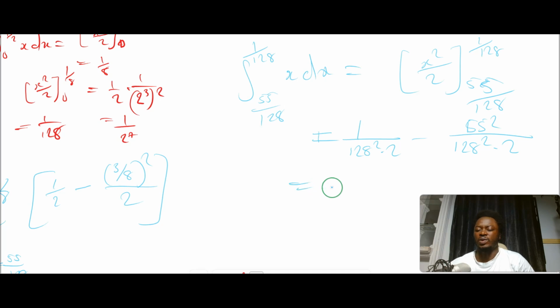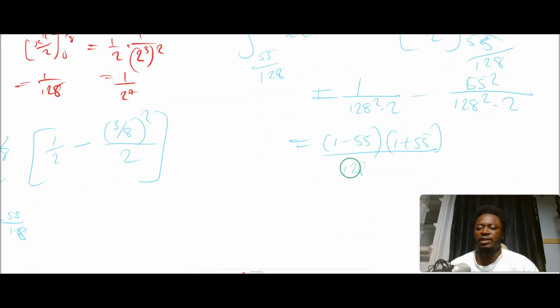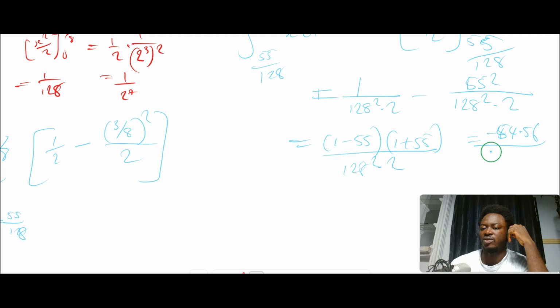So we should be seeing 1 minus 55 times 1 plus 55 divided by 128 squared times 2. A lot of things will cancel out here because this will be negative 54 times 56, all divided by 128 squared times 2.